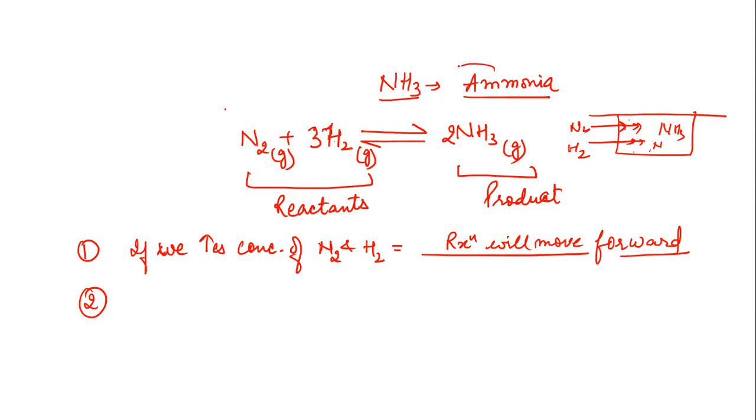But my motive is to get a forward reaction. I want to manufacture as much ammonia as I can. So what do I need to do? As soon as ammonia is formed, I need to take it out so that it will not dissociate again. Suppose whenever you purchase ice cream, you take it out of the freezer, and you start eating it right away, you don't wait for it to melt.